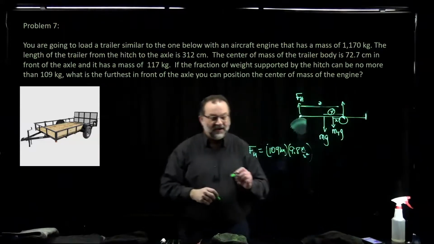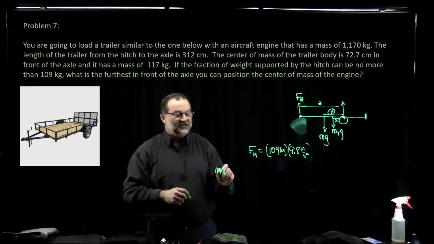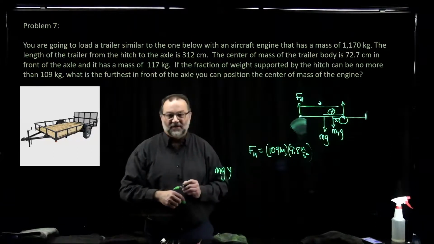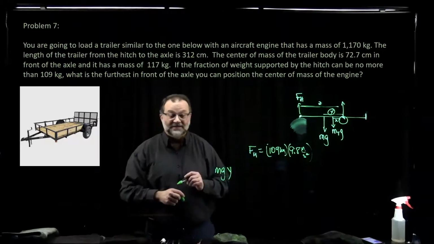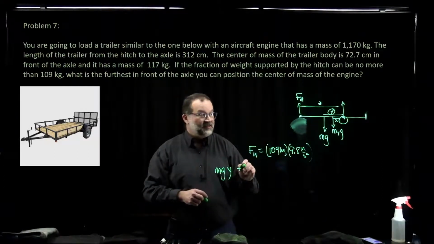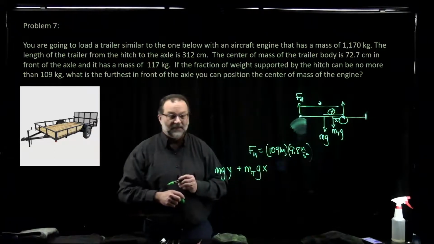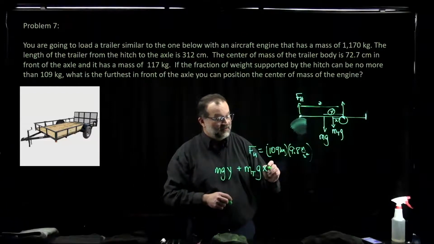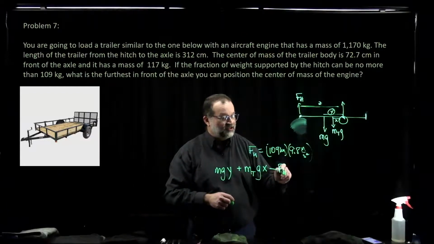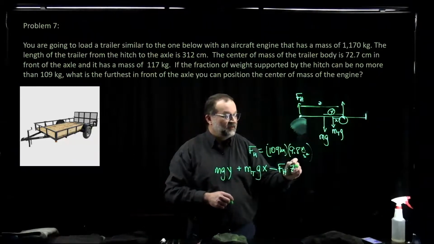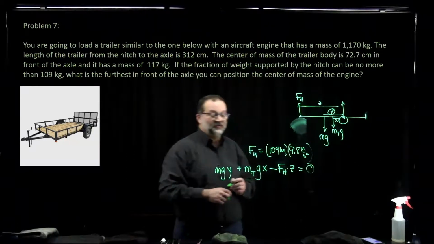So we've got mass of the engine, g, times the distance it is, that's y, from the axle. We don't know that distance yet. Plus mass of the trailer times g times the distance it is, minus the force from the hitch times the distance to the hitch. All of that has to be 0.